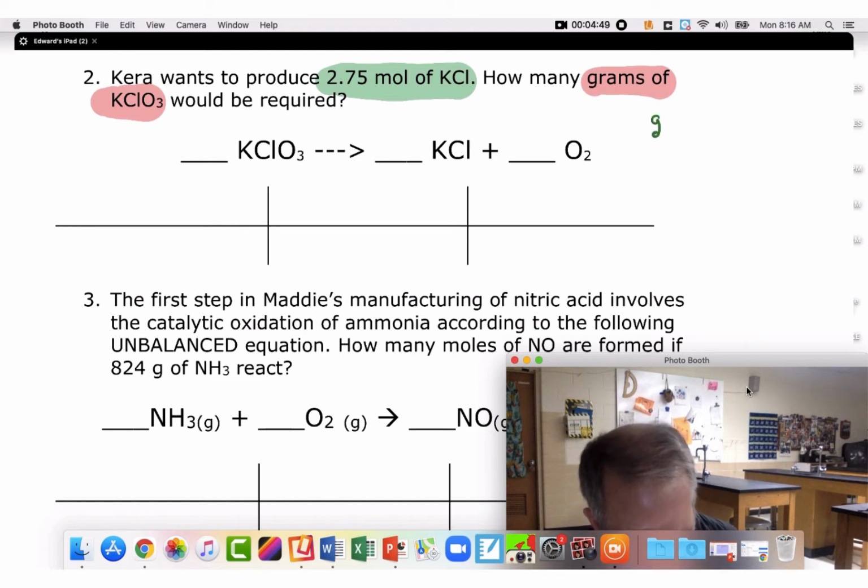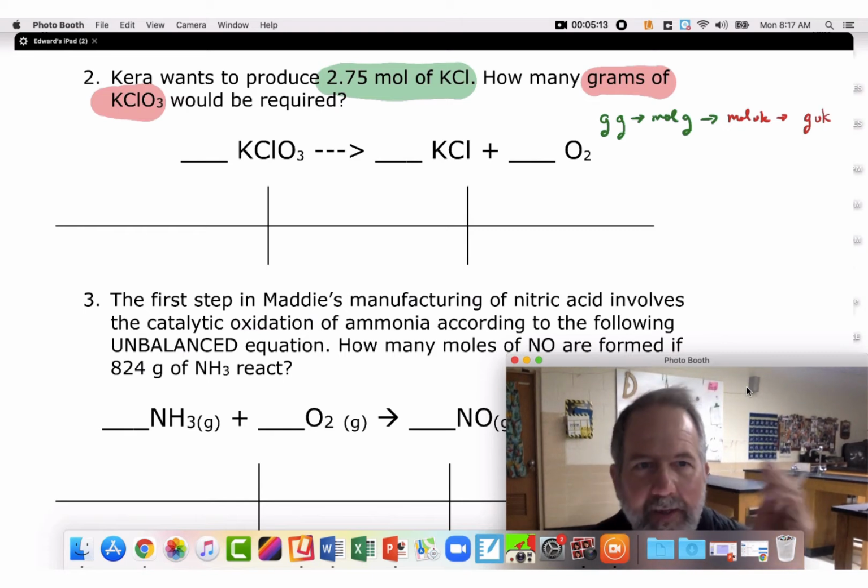So we have grams of given, moles of given, and we'll switch colors, to moles of unknown, and I know you can't do this very well with yours, but I can slide this over, to grams of unknown, right? And that's our pattern again.